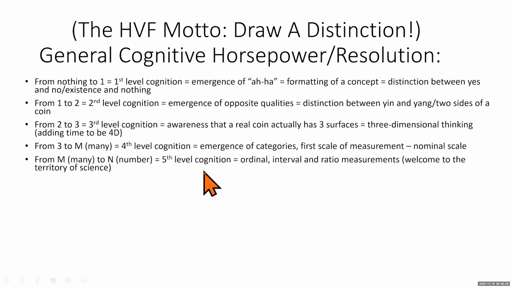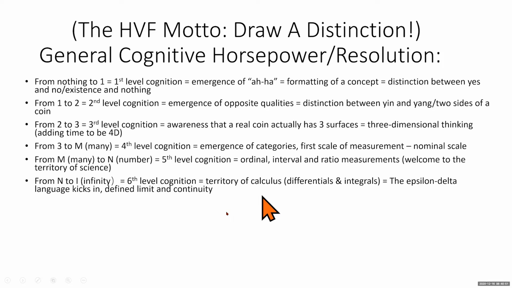There we have ordinal, interval, and ratio measurements going on at this level. So scientists work here, mathematicians work here, but not the layperson, or maybe accountants work here too.